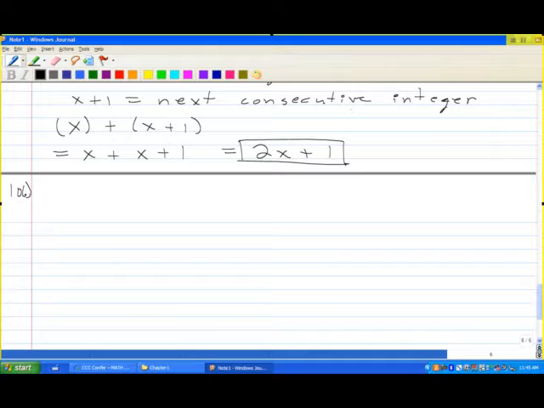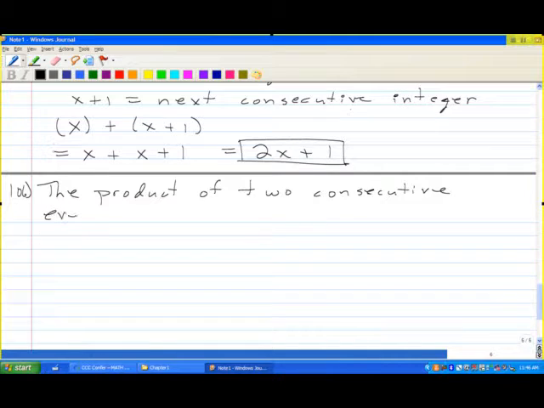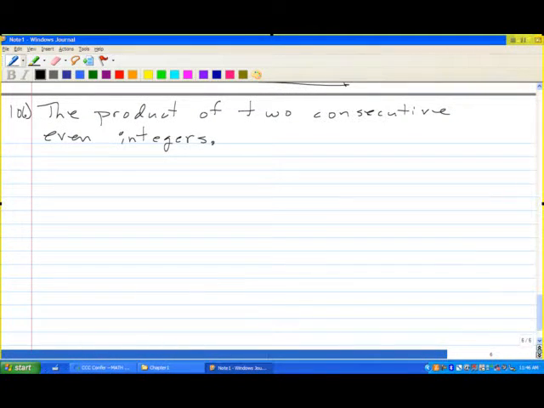The product of two consecutive even integers. Suppose I had the integer 8.